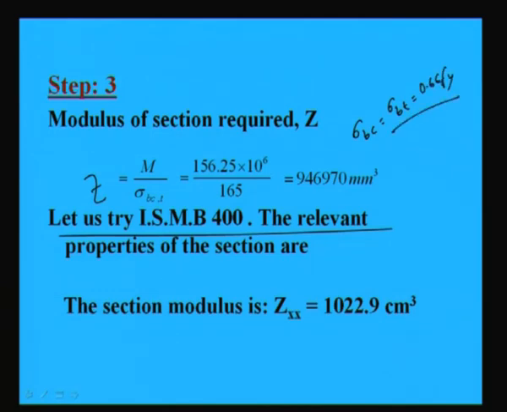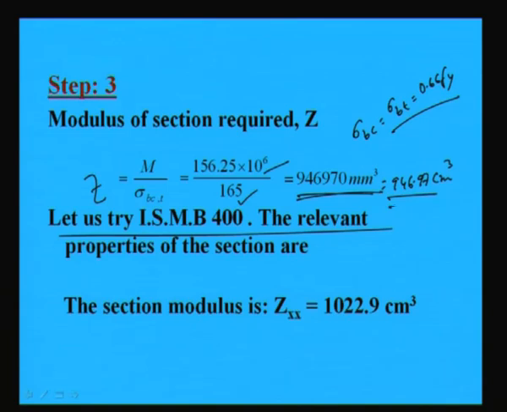If Fy is 250, then it will come to 165, and the maximum moment we have already calculated as 156.25 into 10 to the 6 Newton millimeter, right. So, from this equation we get the section modulus as 946,970 millimeter cube, or 946.97 centimeter cube.